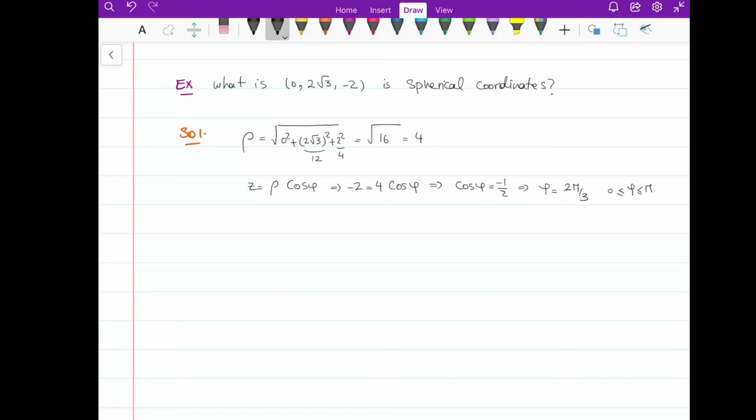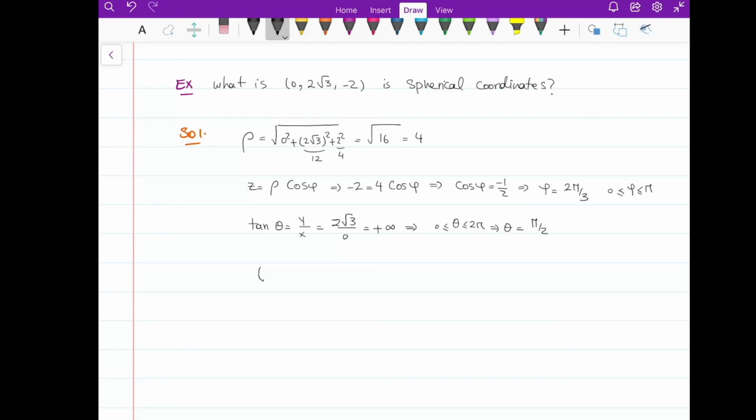Right? And then I know that the tan of theta is y over x. So y is 2 root 3 over 0. So this is positive infinity. What is the angle between 0 and 2 pi whose tan is positive infinity? Theta is pi over 2.